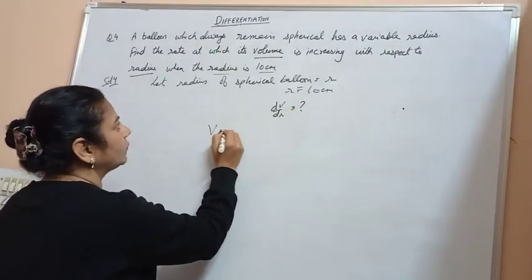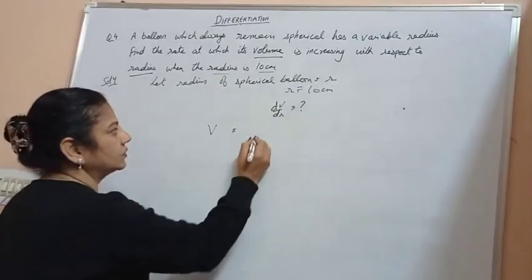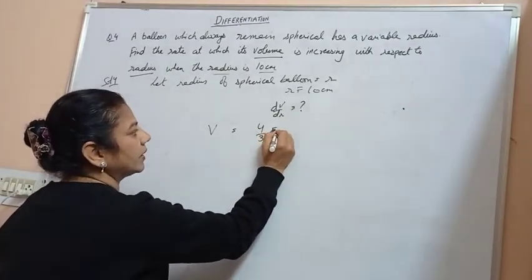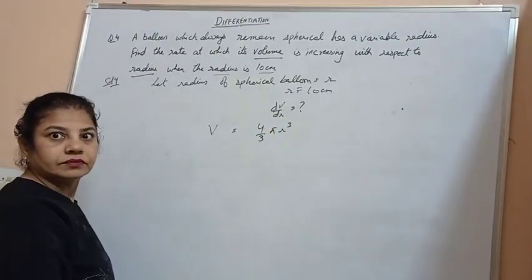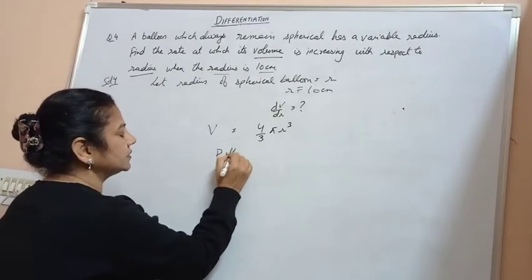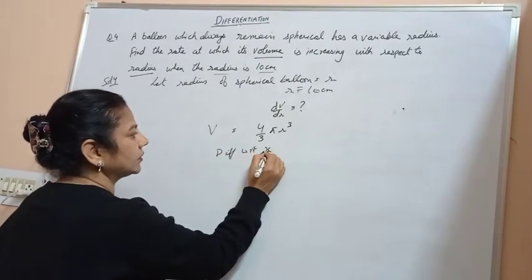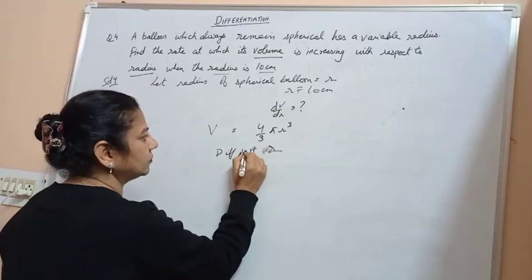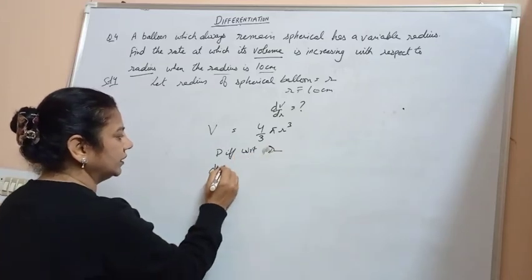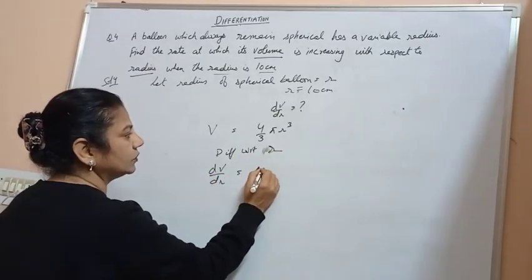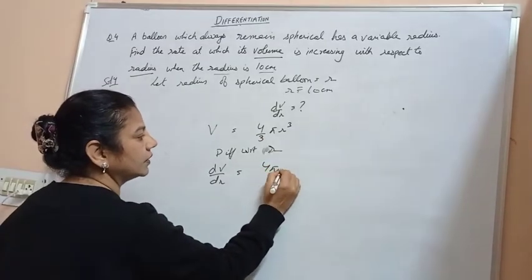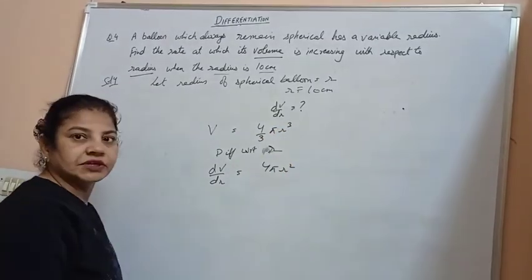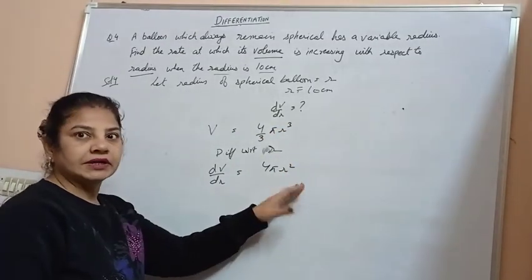So volume of a spherical balloon, volume of sphere, we know is 4 by 3 pi r cube. Differentiate with respect to radius. What we get, dv by dr is equal to 4 pi r square, because we are differentiating with respect to radius, so dr by dr becomes 1.